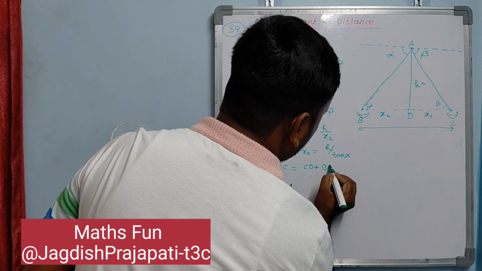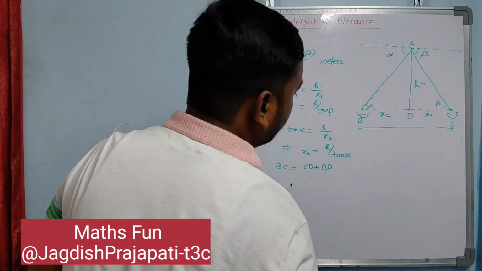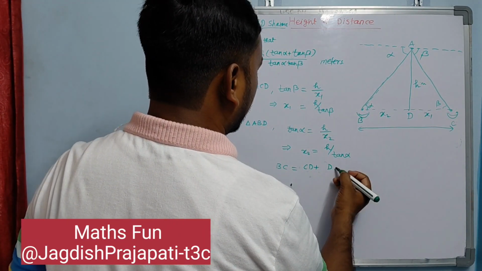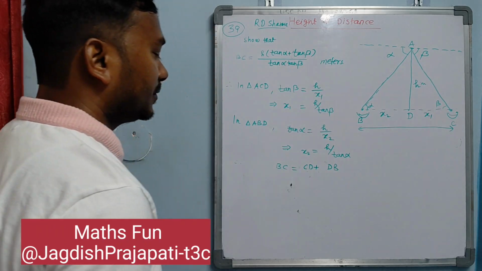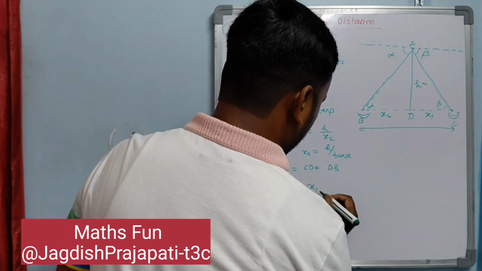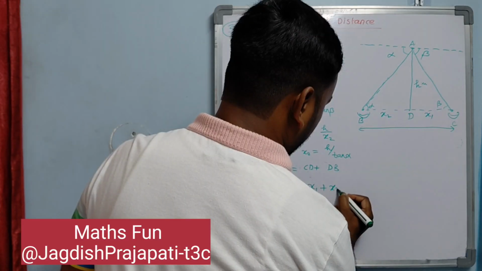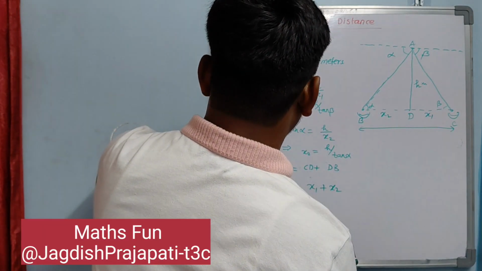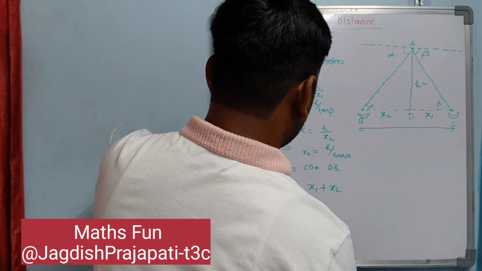Write in the order, no issue: CD plus DB. CD is x1 and this is x2. So place the values of x1 and x2 here.